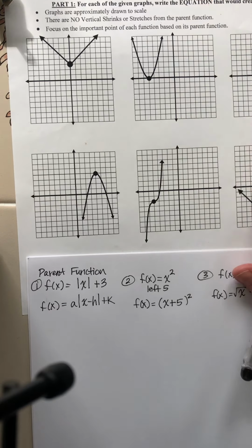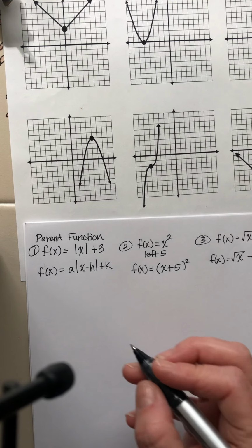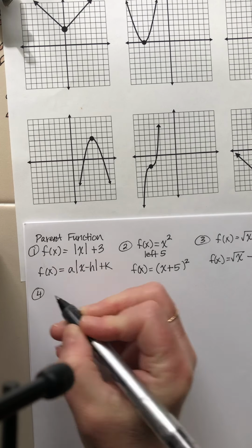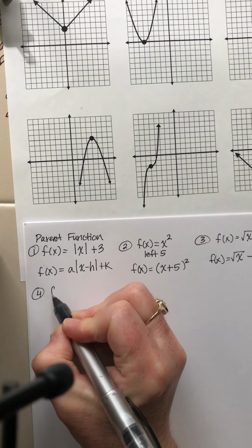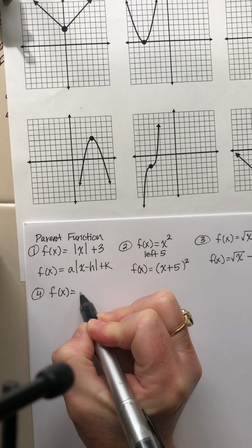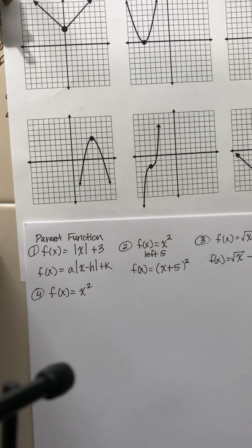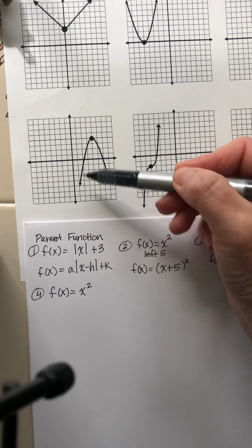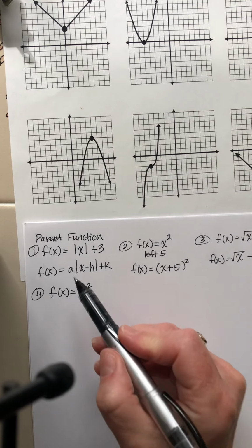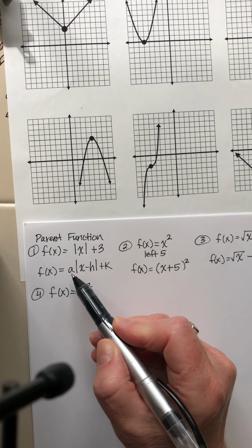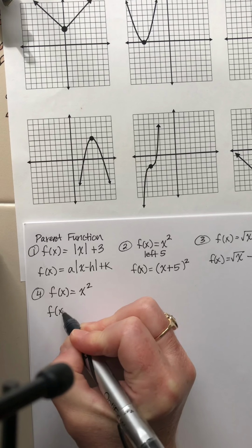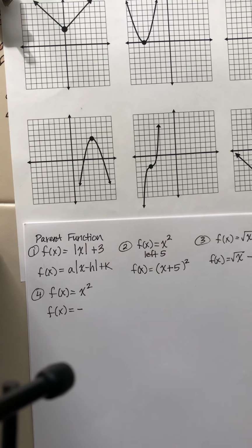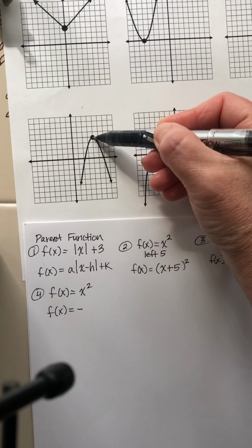Okay, so now we're getting a little bit more advanced. The fourth one here is also a quadratic like number 2. So I am going to write the parent function down first. But the first thing I notice is that it is pointing down. And that does come from the value of a. So I know that I need to put a negative sign first. That's going to be the first thing you write after the equals. We also see that the vertex has been moved.